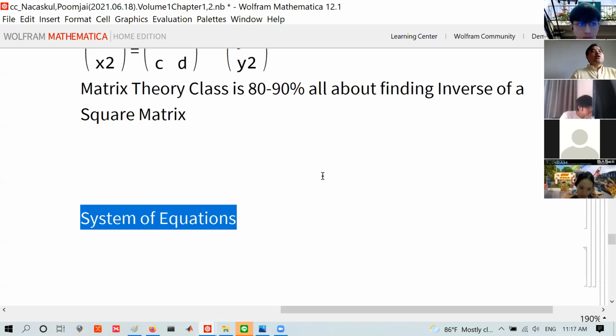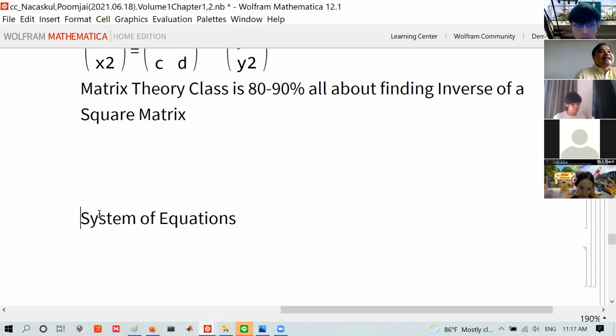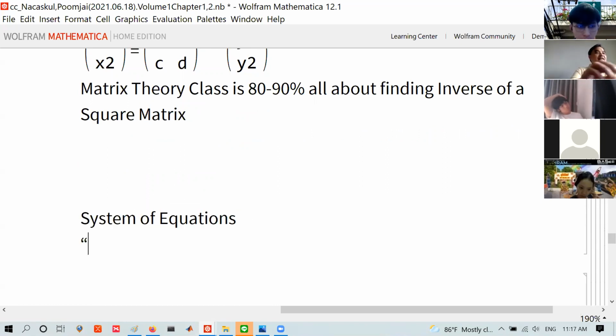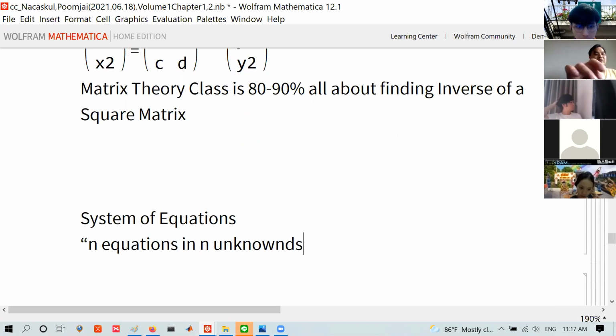So now we are going to talk about linear algebra the same way we talk about a system of equations. You used to say something like this in high school or maybe in grade school. You have n equations in n unknowns.